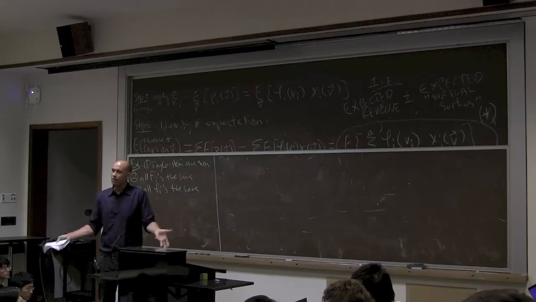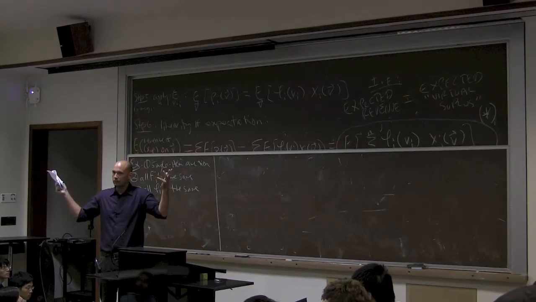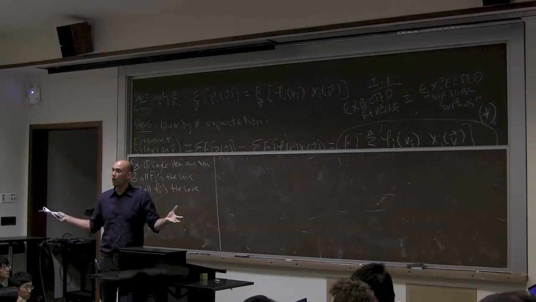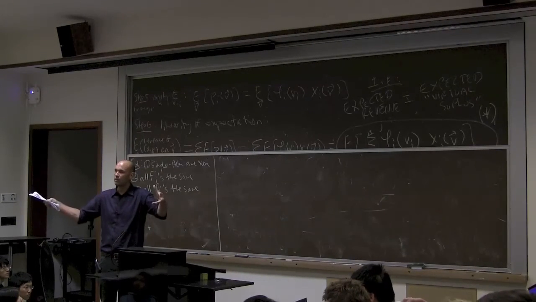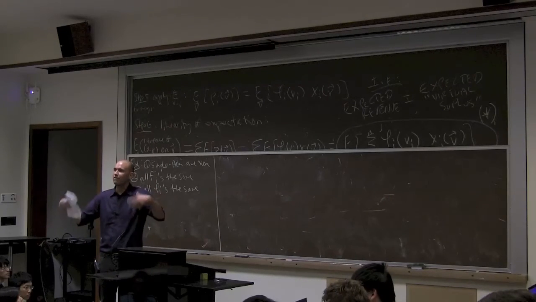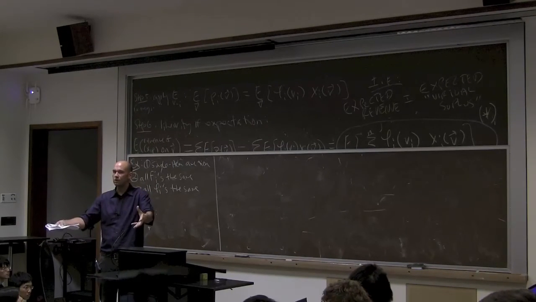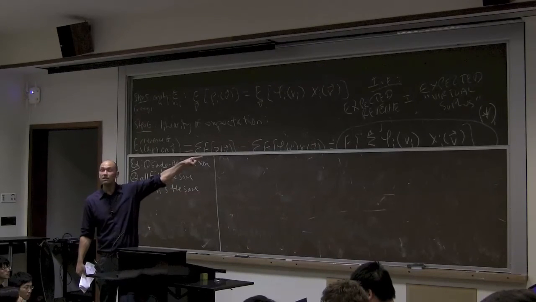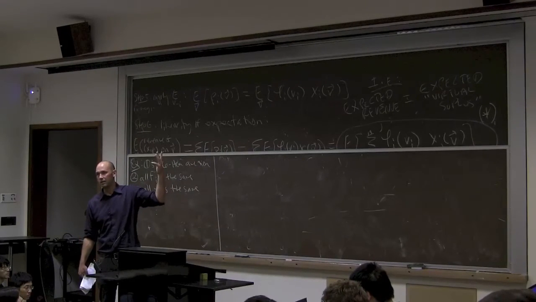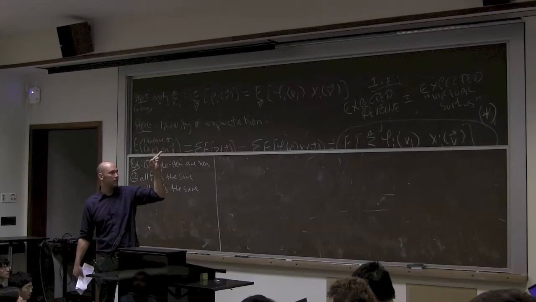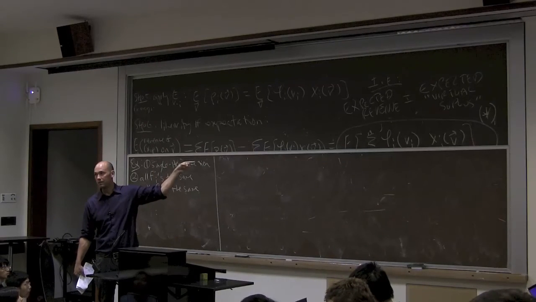So if you want to make the average of all these numbers as big as possible, the obvious approach is to just optimize point-wise, to make every single constituent number as big as possible. That is, for every possible input, every valuation profile V, make what's inside the expectation as high as possible. Okay? That's the obvious approach to how to choose X to make this number as big as possible.